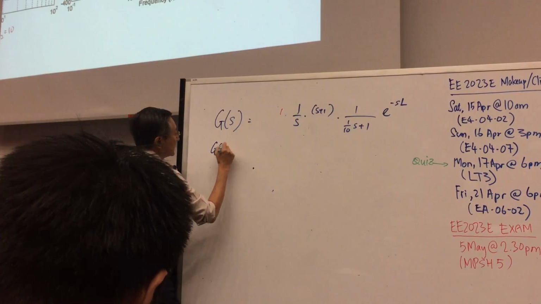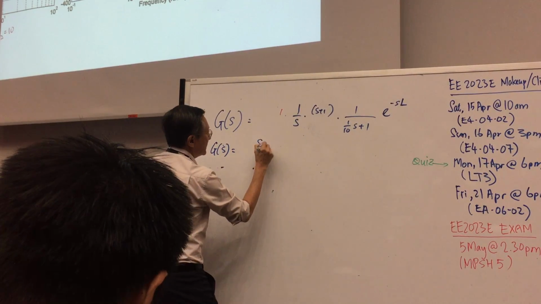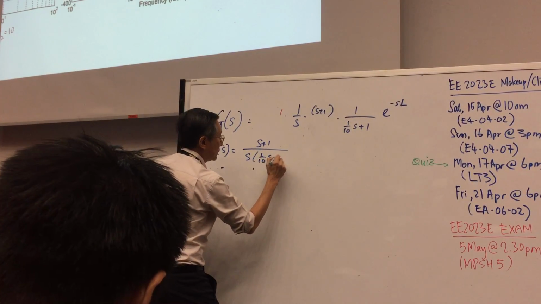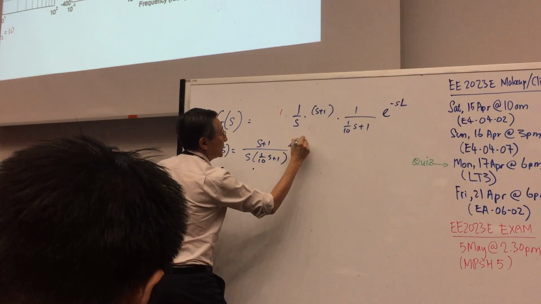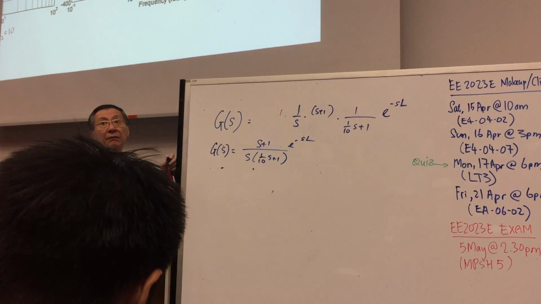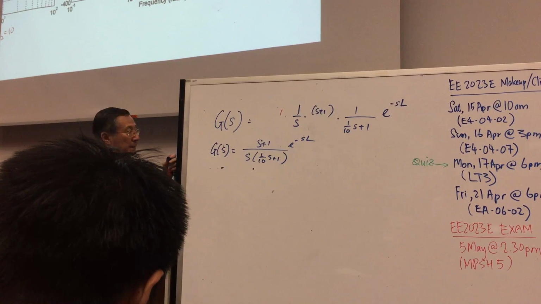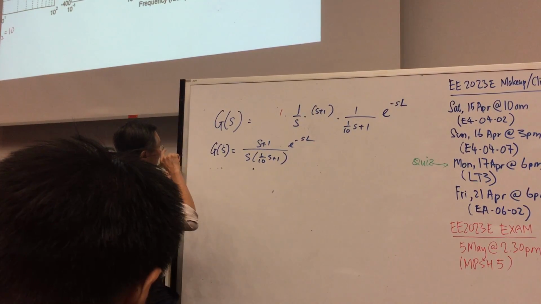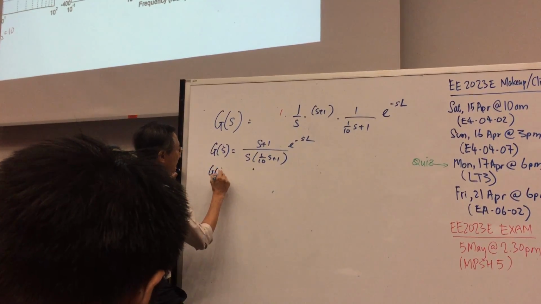So G(s) is equal to (s plus 1) over s, times 1 over (10s plus 1), times e to the minus sL. This is what it looks like. Alright? So if I look at the phase, let me change to G(j omega) first.